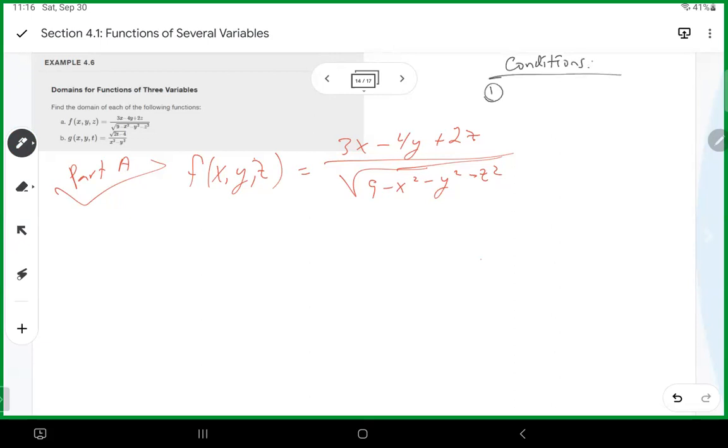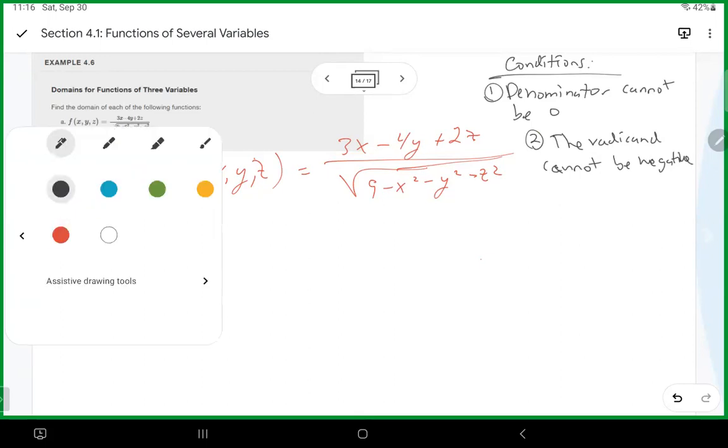So the first is that the denominator cannot be 0. So that should be understandable to you. The radicand cannot be negative.